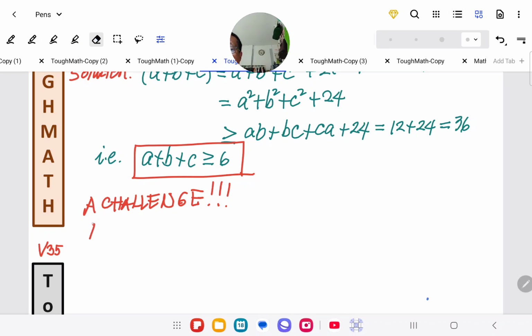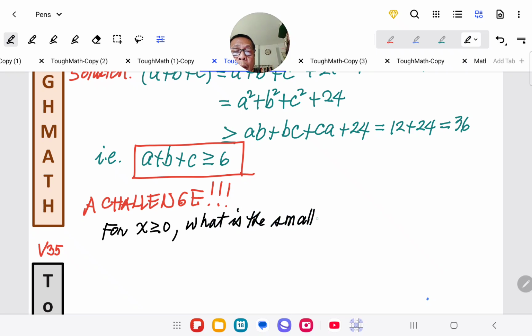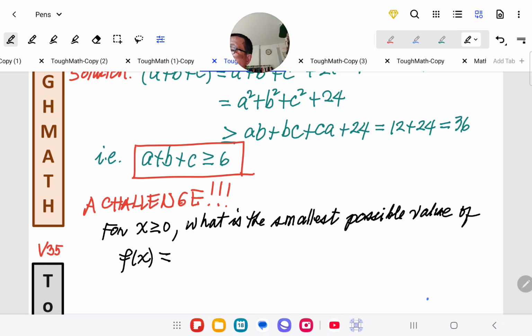For x positive or 0, what is the smallest possible value of f of x, which is equal to (9x squared plus 36x plus 52) over (12 times (x plus 2))?